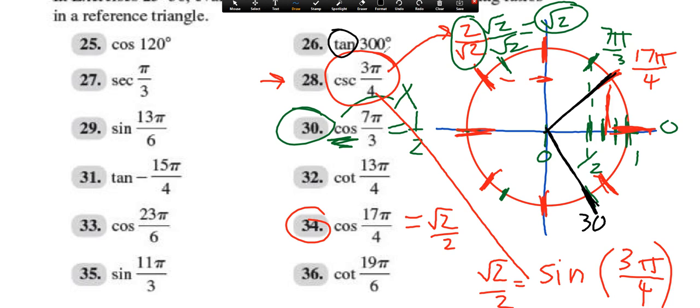Do you think this is based on a 45-degree angle? I hope you say no. Okay, do you think it has something to do with the more shallow slope? Or do you think it has something to do with the more steep slope? What is the slope of the more steep one?